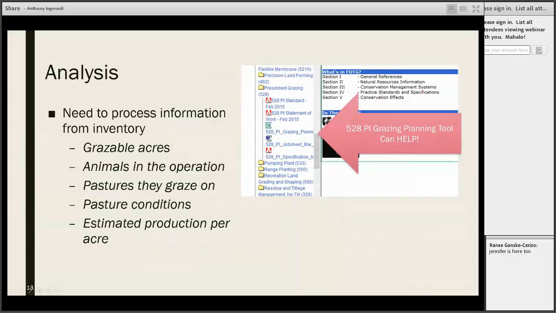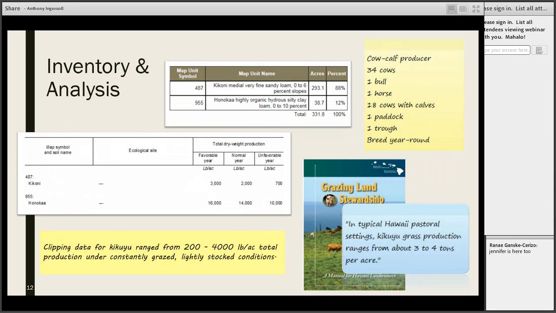Hi, Carolyn, this is Renee. Yes. So on that previous slide, if you go back, please, in regards to map units and the pounds per acre. On the map symbol and soil name, where is there information like that for the island of Maui, or is this from the ecological site description? This is from the current soil survey for the Big Island, and I don't believe it's in the Maui one, but I'd have to double check.